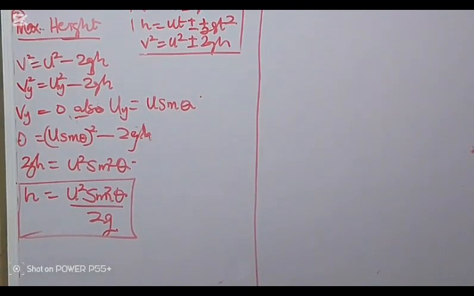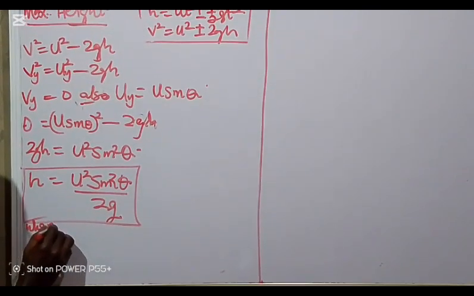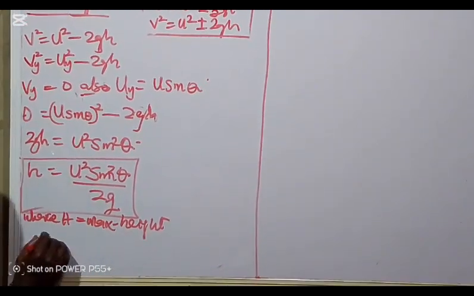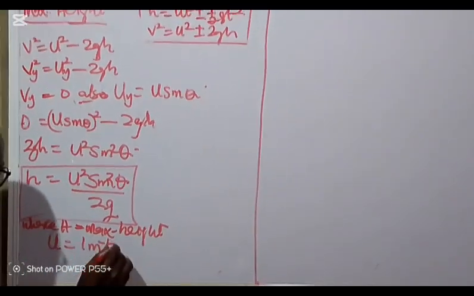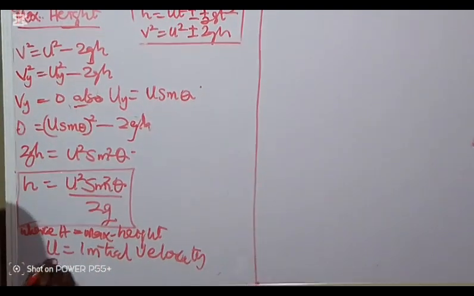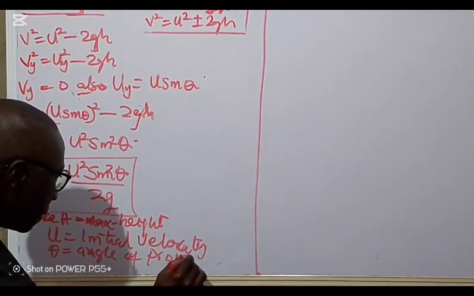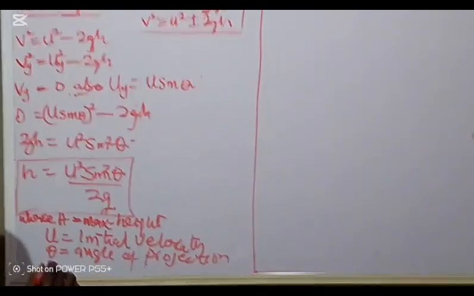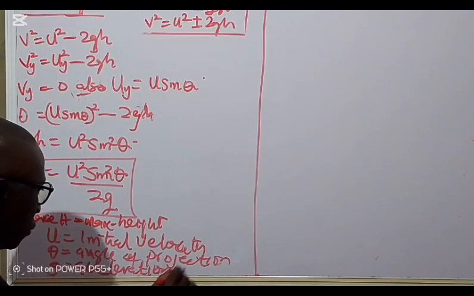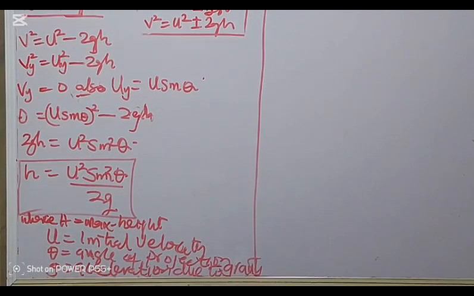So from here, where h is equal to maximum height, u is equal to initial velocity, theta is equal to angle of projection, and g is equal to acceleration due to gravity. I say acceleration due to gravity, not gravity.